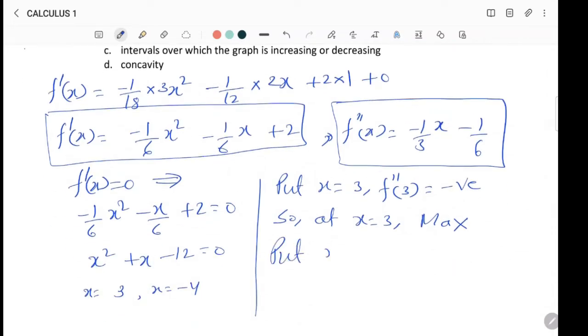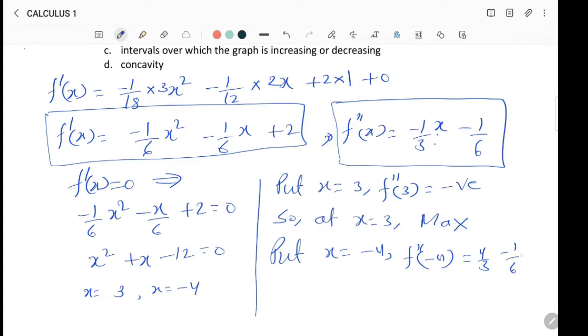Okay, now put x equals minus 4 in f double dash. So f double dash minus 4, put here. So minus 1 over 3 times minus 4, which is 4 over 3, and minus 1 over 6. Now you can use calculator. 4 over 3 minus 1 over 6 will be positive.